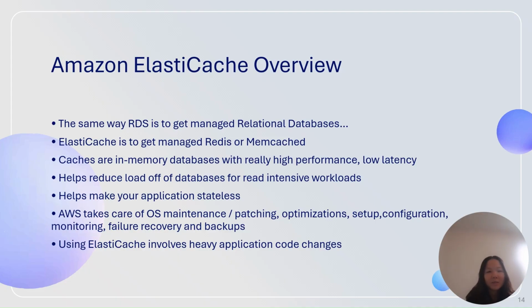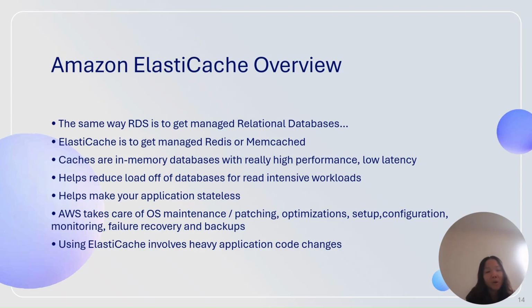So let's go to the Amazon ElastiCache overview. The same way RDS is to get a managed relational database, ElastiCache is to get managed Redis or Memcached. Caches are in-memory databases with really high performance and low latency.